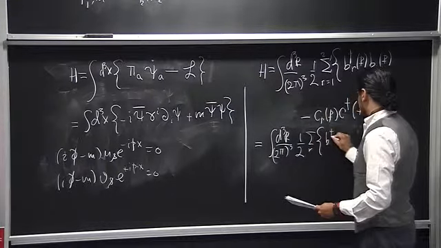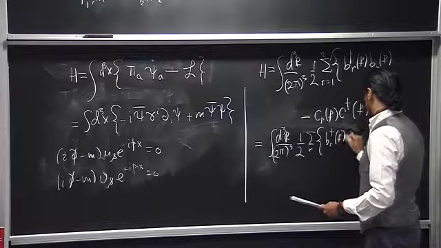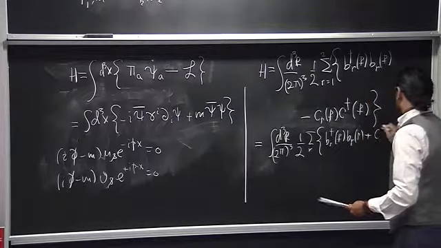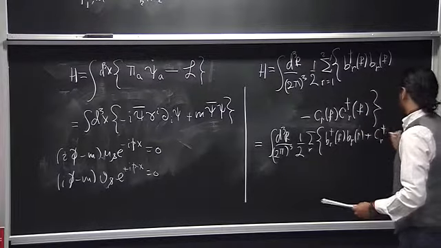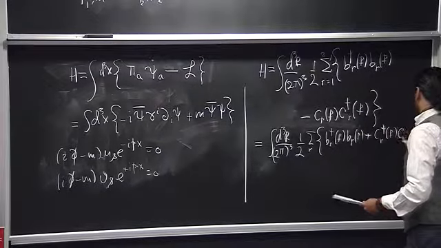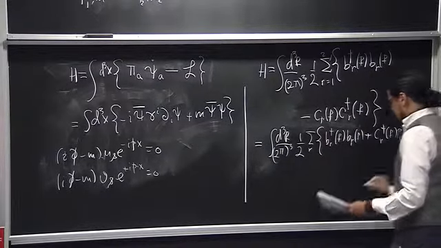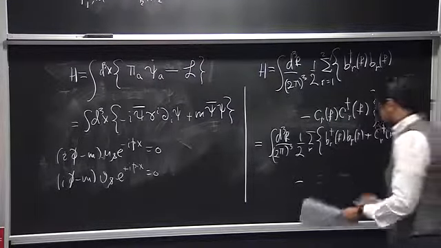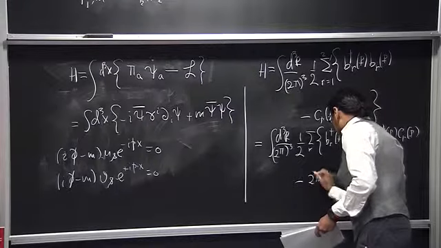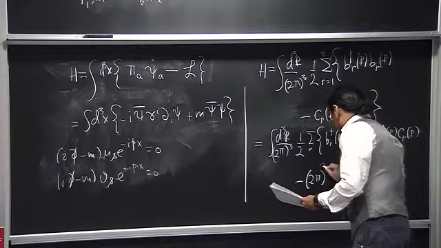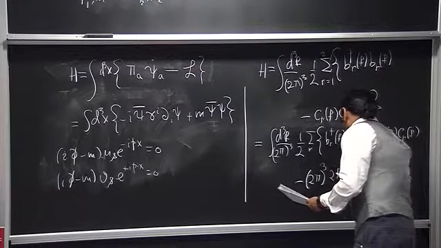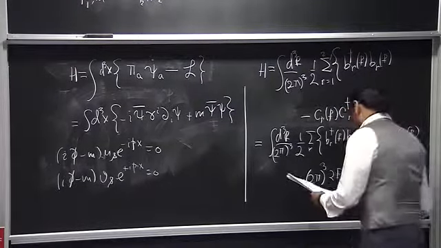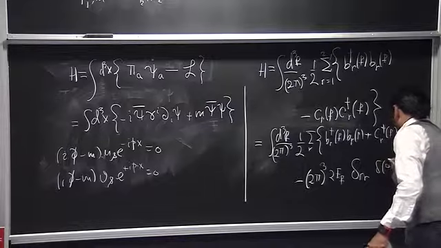You get b dagger r of p, b r of p plus c dagger r of p, c r of p, and then you get the zero-point energy, and what is interesting is that you get in front of the zero-point energy a minus sign.